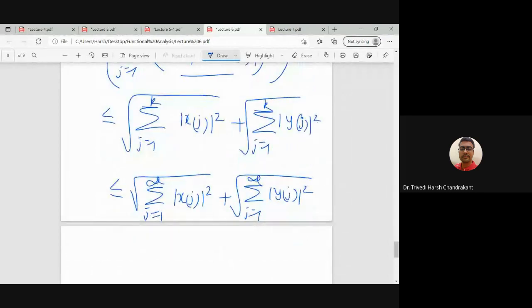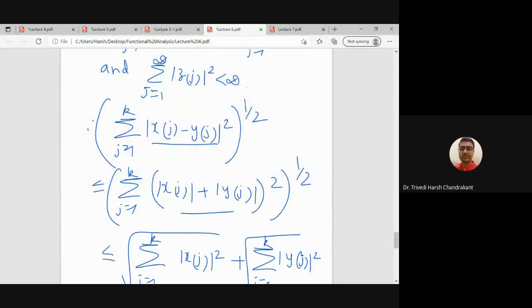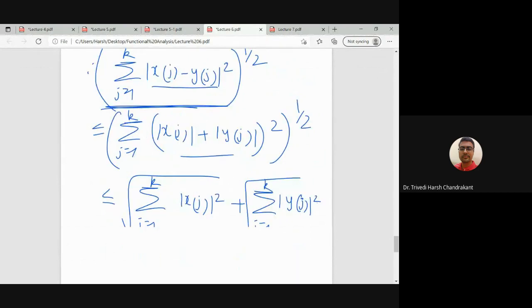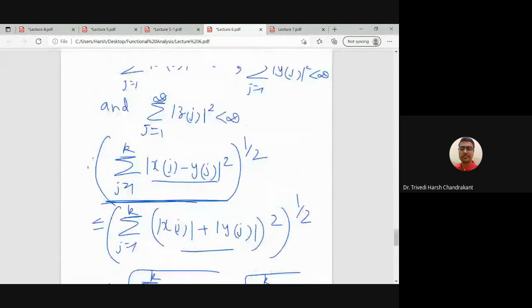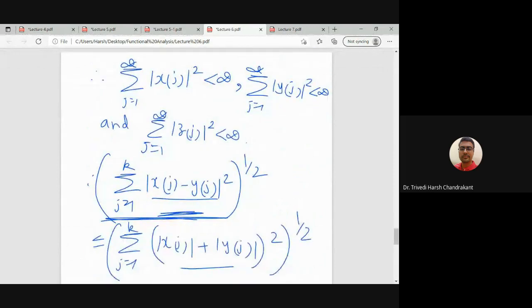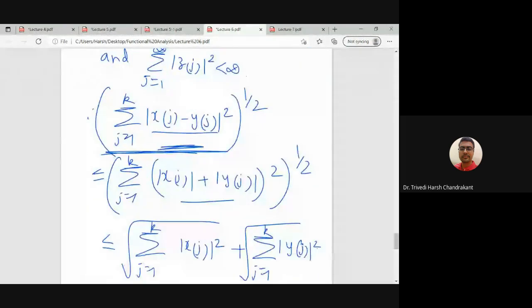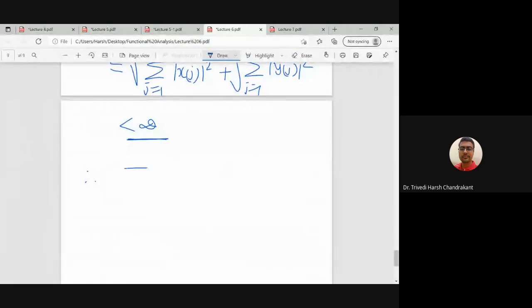This is convergent, which means this is a fixed number. So this series is bounded by some positive number. Now this is a partial sum of a series of non-negative real numbers, and it is bounded above by a fixed number. Therefore, this series itself is convergent.